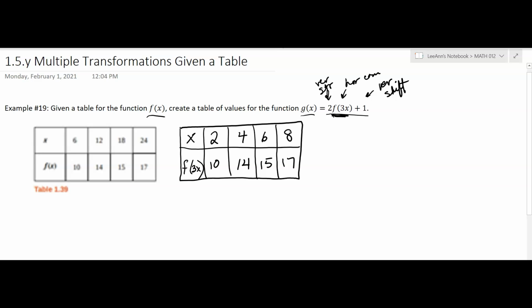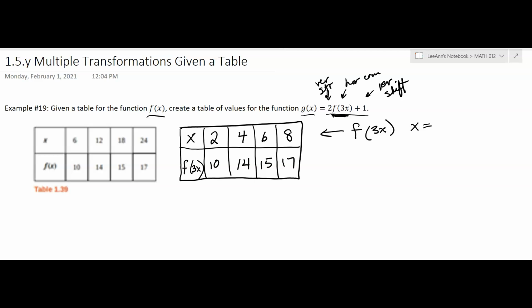Okay? So for this part, I'm taking f of 3x, right? So I need my x's to equal, let's see, I don't want to write it that way.